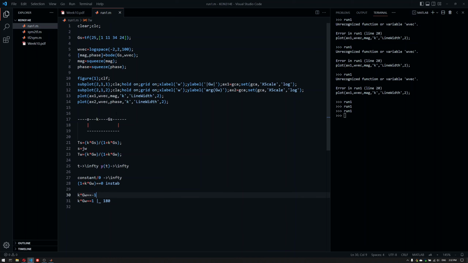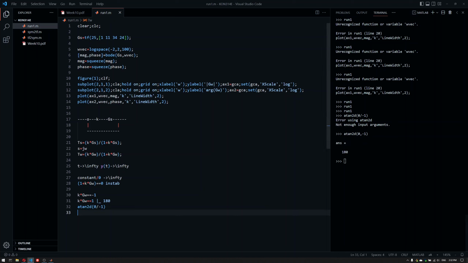You can just take the real part, which is -1, take the square of that, plus the imaginary part, which is 0, squared, and then take the square root of that, which is basically 1. And for the phase, the imaginary part is 0 divided by -1, take the arctangent, and you get 180 degrees.